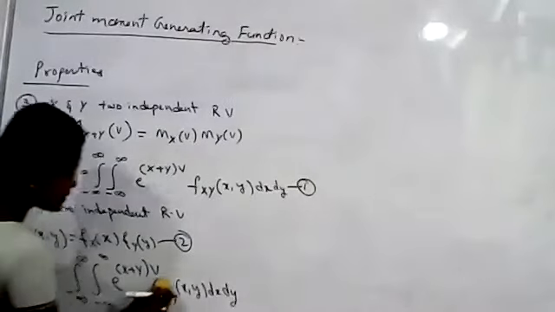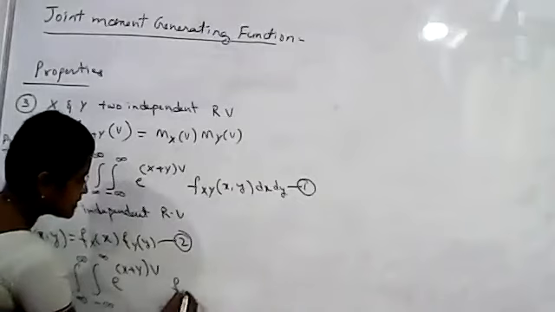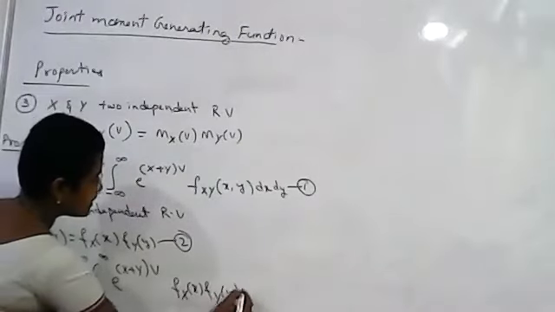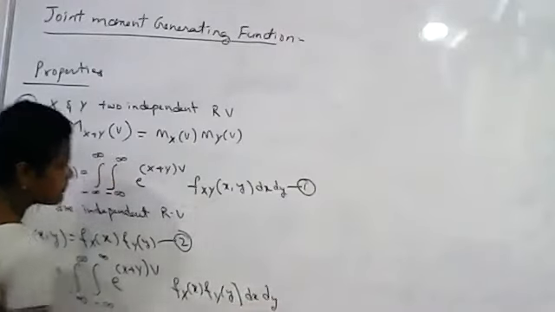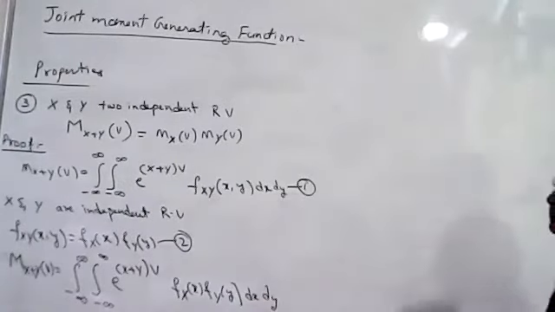Since these two are independent random variables, this can be written as fx of x, fy of y dx dy. Now we separate x variables and y variables.